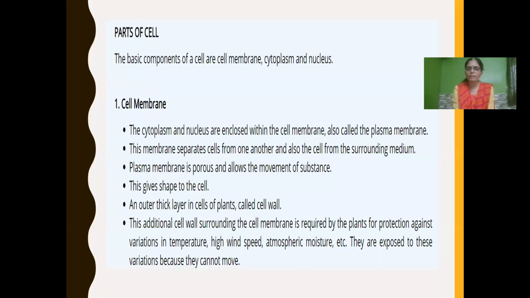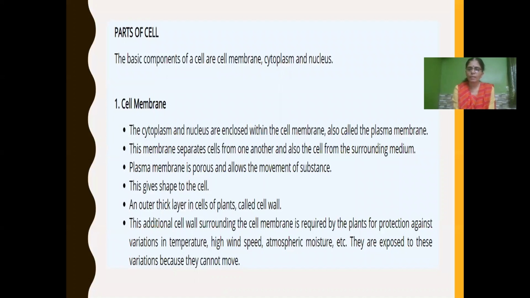And then we have learnt about the basic components of the cell: cell membrane, cytoplasm and nucleus. First, we have learnt about the cell membrane. The cytoplasm and nucleus are enclosed within the cell membrane. The cell membrane is otherwise called the plasma membrane. What is the function of the plasma membrane? It separates cells from one another, and also separates the cell from the surrounding medium.